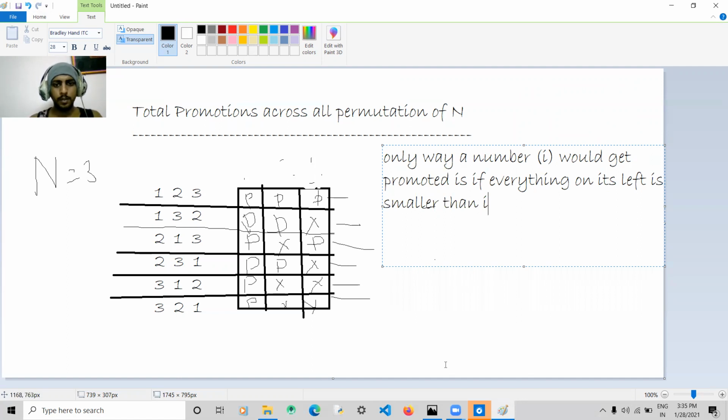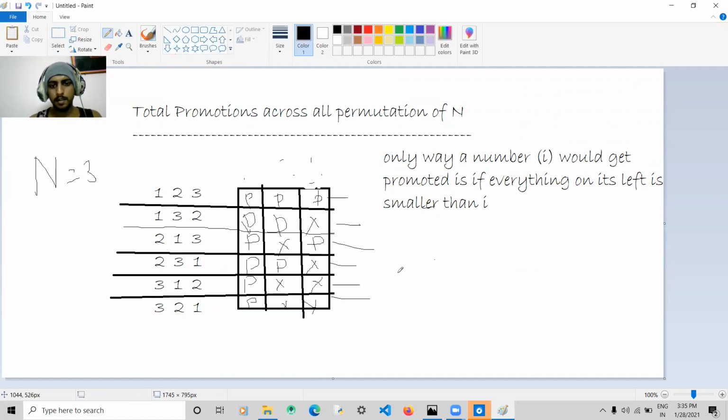Right? Simple. So what we will do is make n empty spaces. Say n is equal to 4. Or maybe we can take the example of 4, it's 3 itself. So observe that 2 can't be here, because he won't get promotion there, because there is only one number smaller than 2, or basically i minus 1 numbers smaller than i.